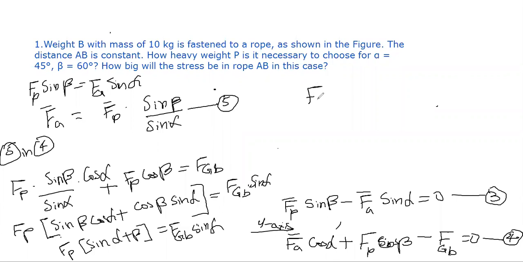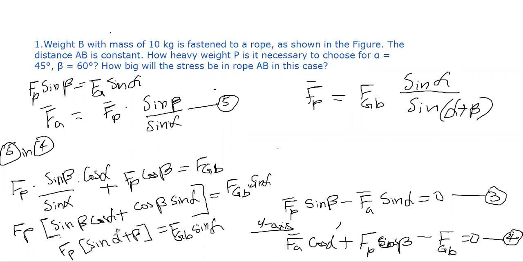So Fp is equal to Fgb sin alpha divided by sin alpha plus beta. Let us call this equation number 6.